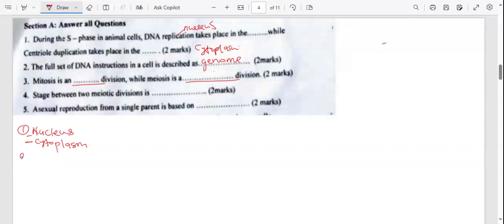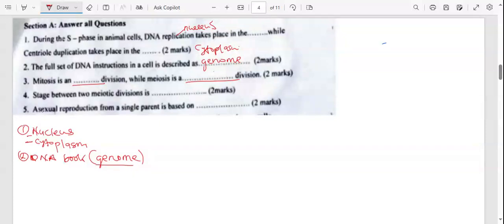Then question 2. The full set of DNA we said is called the DNA book, or the best word you can use is the genome. So that's the best answer there: you should use genome or DNA book.